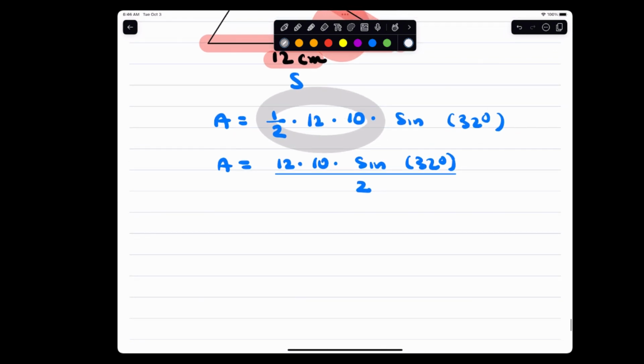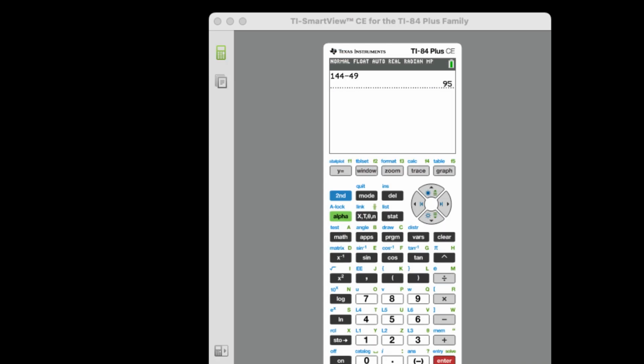What's 1/2 of 12? 6. And what's 6 times 10? 60. So we can just say that's 60 sine of 32. Now in your calculator, if we're set to degrees, hopefully we are.